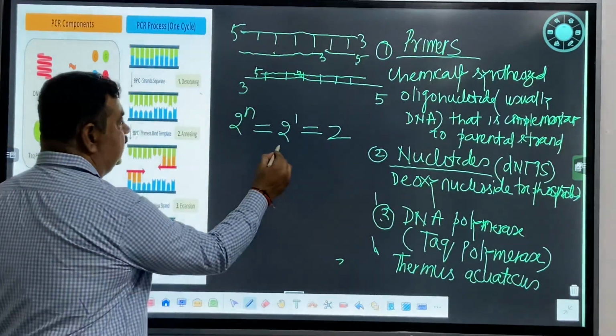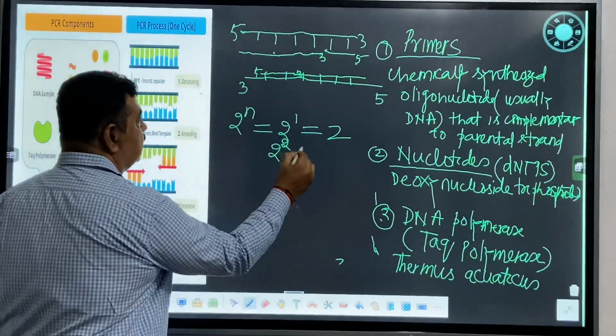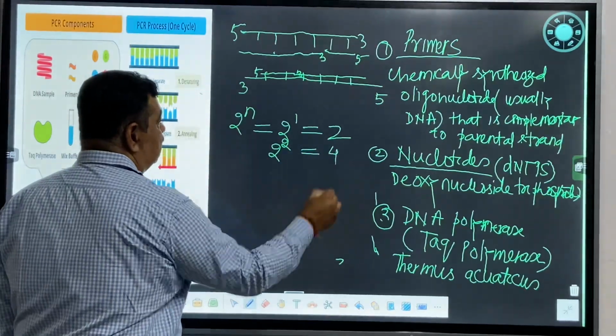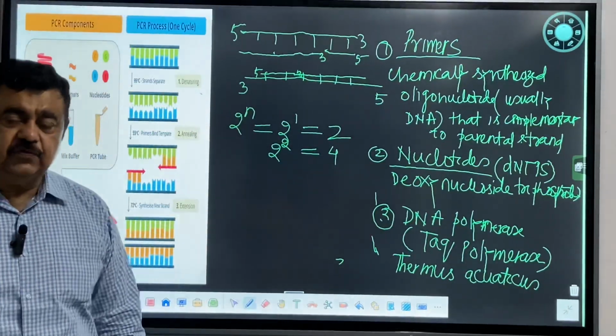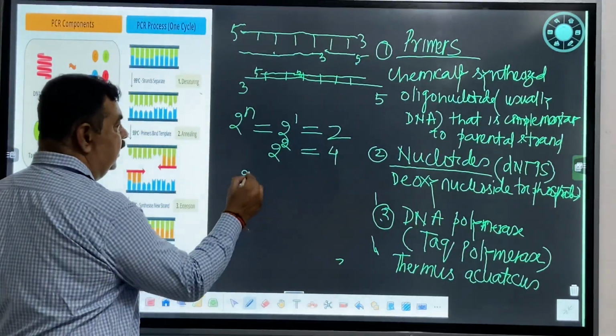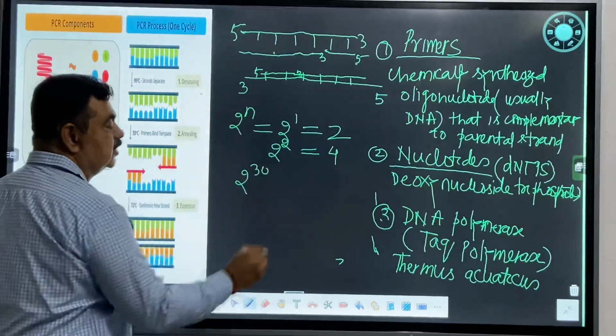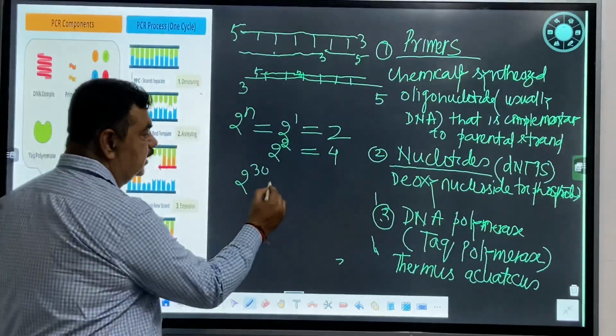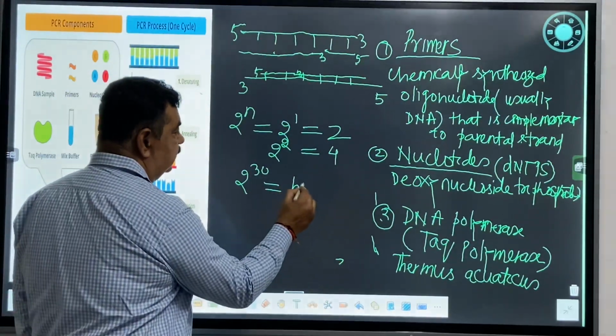If this cycle is repeated 2 times, a total of 4 DNA will be formed. And like this, if this cycle is repeated many times, suppose 30 times or 20 times, then you can get billions of copies.